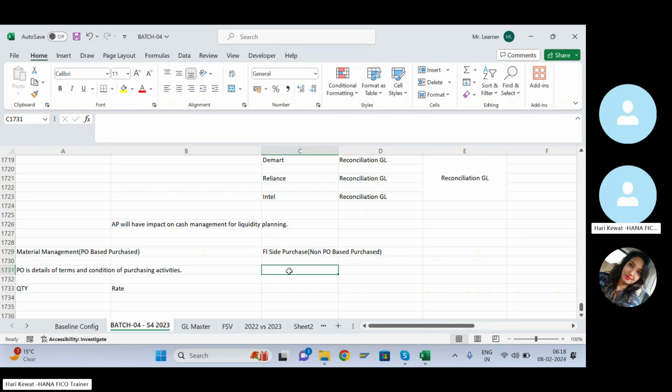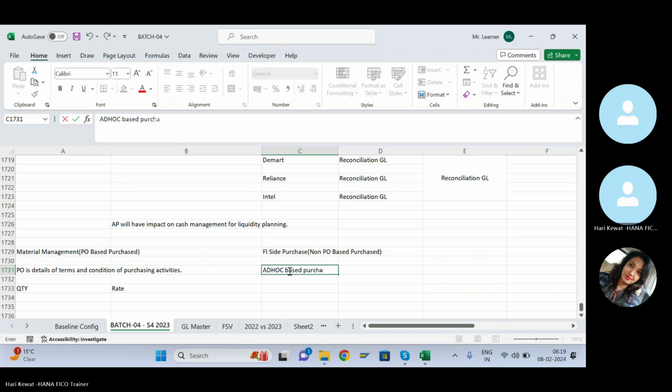You have not received the quotation, you have not discussed, there is no legal or formal document that this is the quantity I will be purchasing from the vendor at this rate. This is a completely ad hoc based purchase.